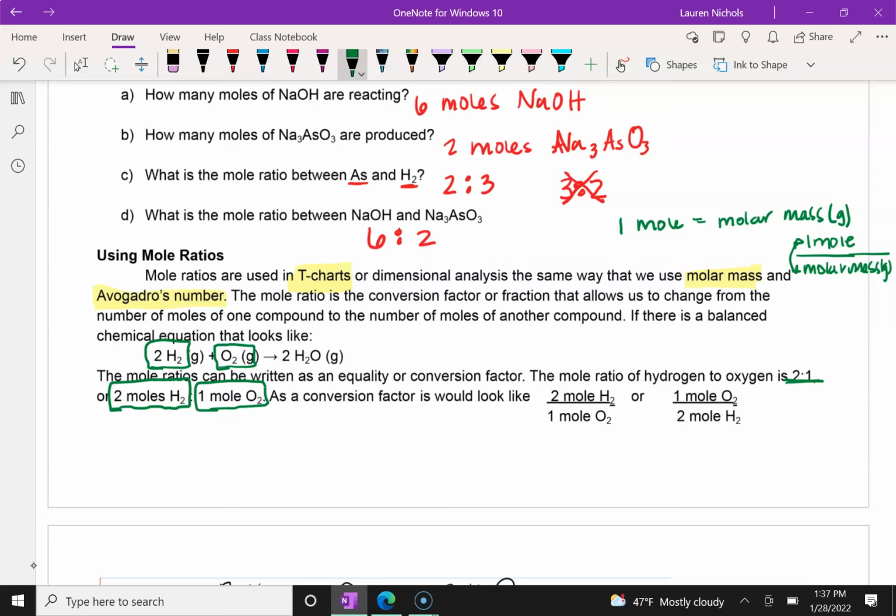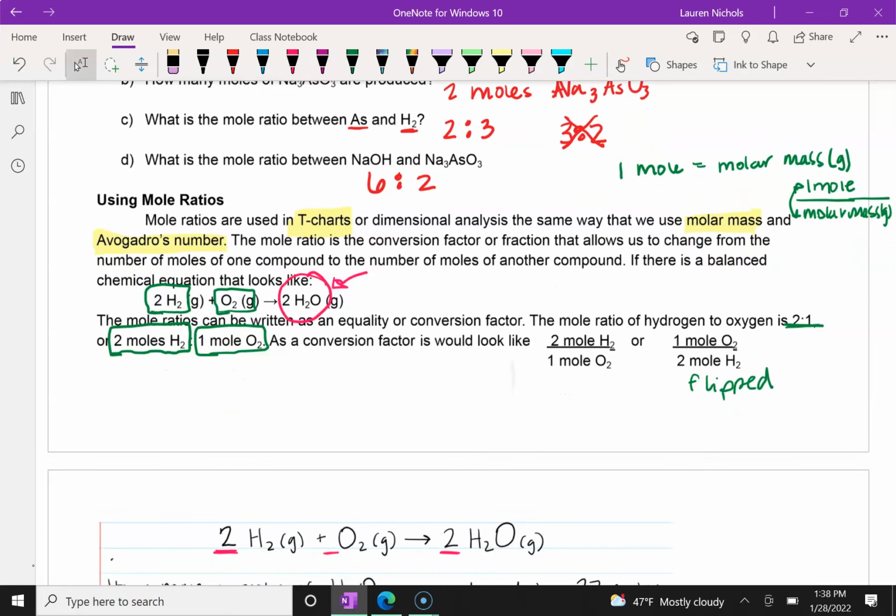And so that can be written as 2 moles of hydrogen over 1 mole of oxygen, or this version, which is just flipped, okay? And we can use that to make conversions, because if I'm a company owner and I'm trying to produce this product, I need to know exactly how much of my reactants to buy. I don't want to waste any time or money, okay?